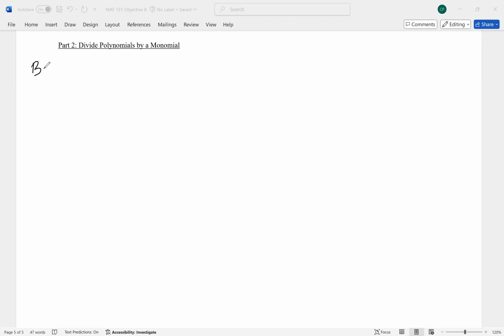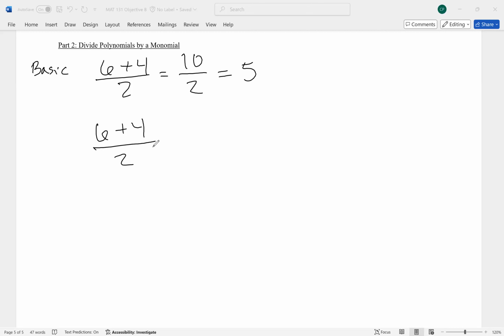So let's say we had 6 plus 4 over 2, okay? Now we can simplify this to get 10 over 2, which is going to equal 5, right? But let's say that we couldn't simplify. Let's say that we couldn't combine the 6 plus the 4. So how else could we figure this out?